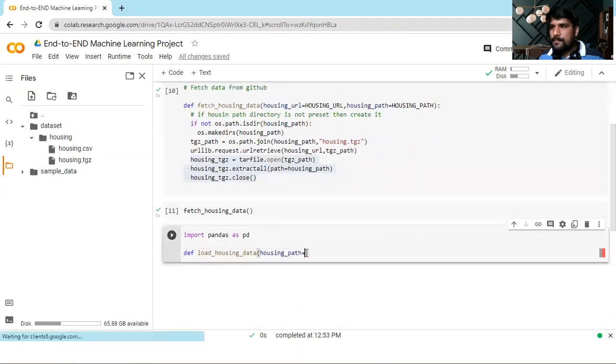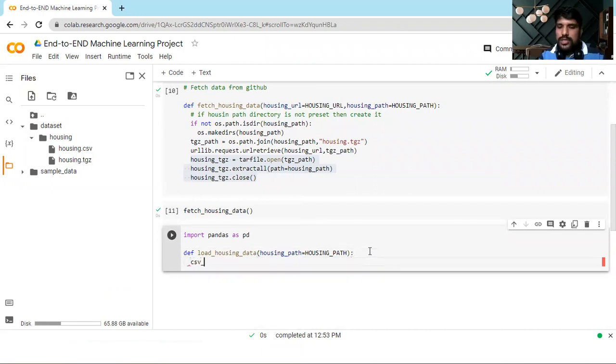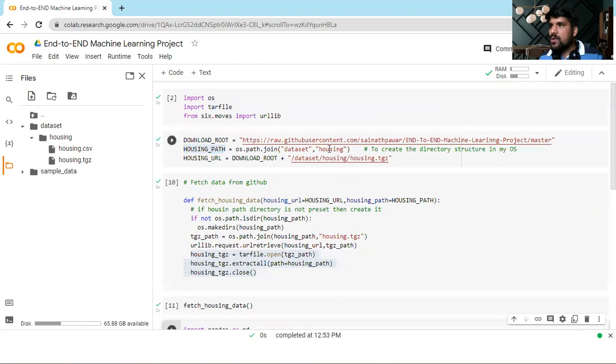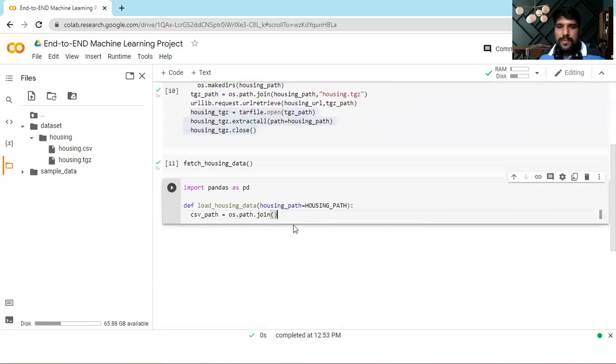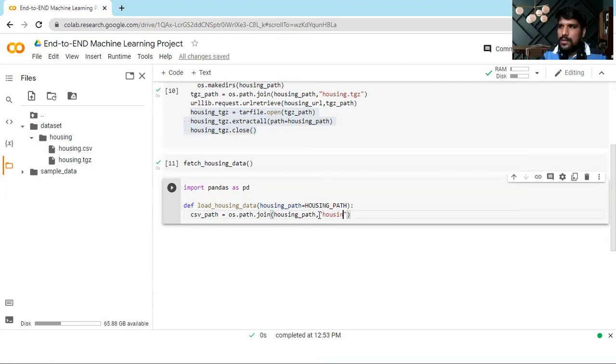Then we mention a csv_path. So os.path.join, csv_path. It is the housing path, it goes till this. In my housing path I come here, and then I have to give the name of the file, called housing.csv.